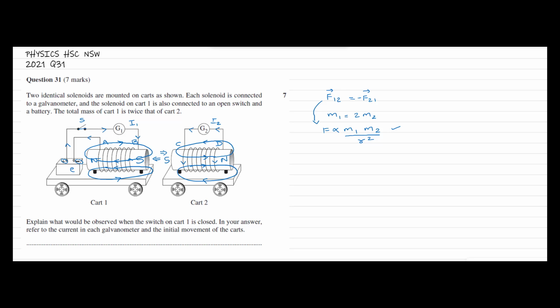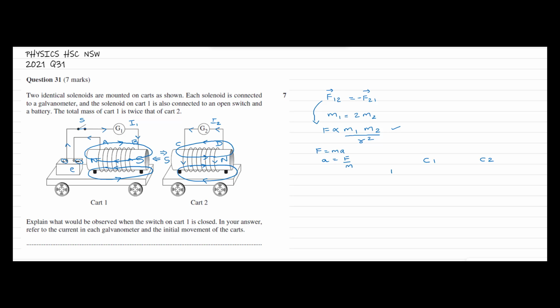Now coming back to our question, what will be the acceleration? We know that force is equal to mass into acceleration, and therefore acceleration is equal to force divided by mass. So we have cart 1, cart 2.